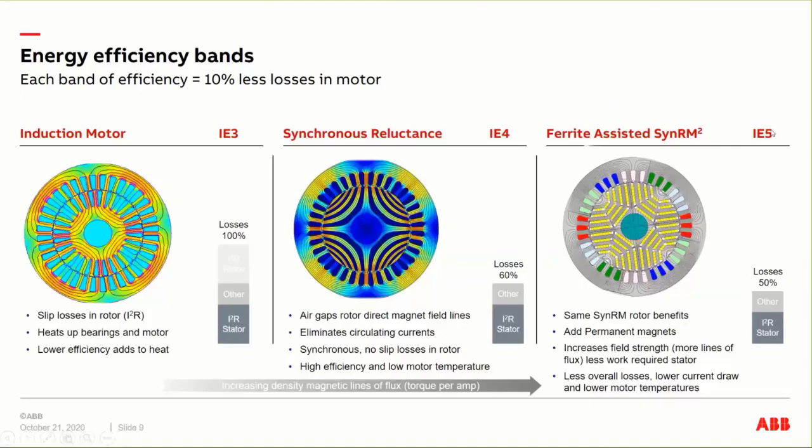And then here you go into the IE5 and you have more lines of flux. You can see that quite clearly here, and the more lines of flux you have, the more torque you're producing and the more power density. So that's the other aspect of this. You get a very power dense design that can produce good torque out of a smaller frame motor.